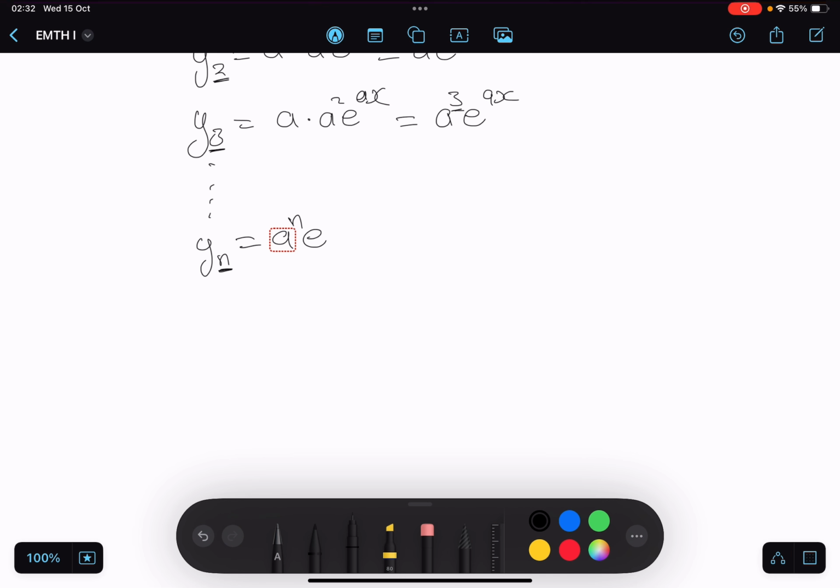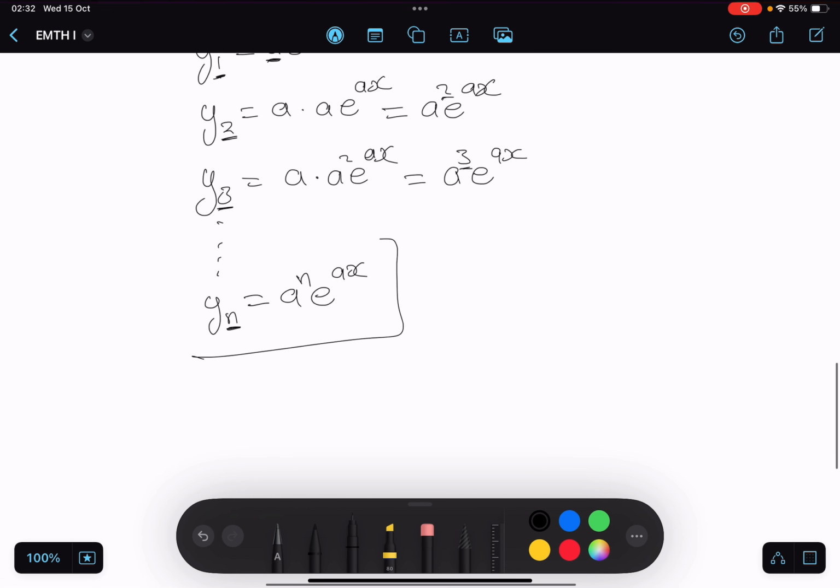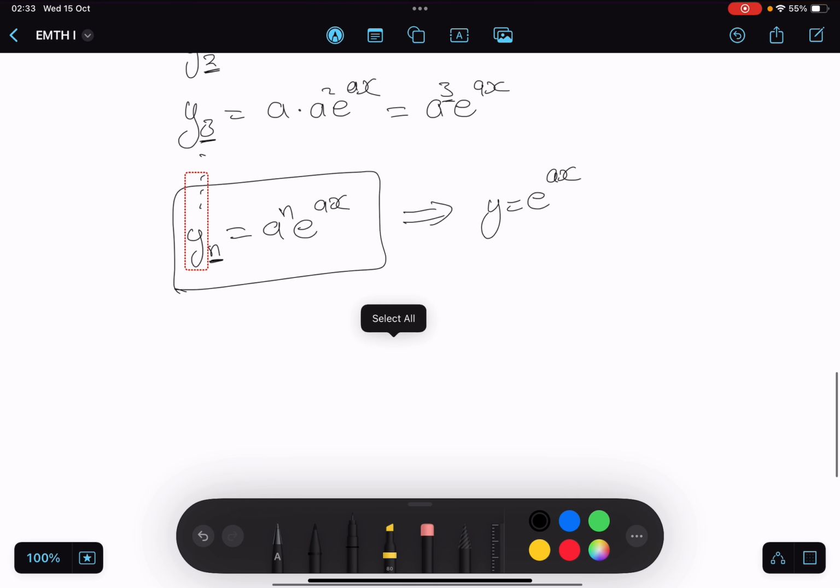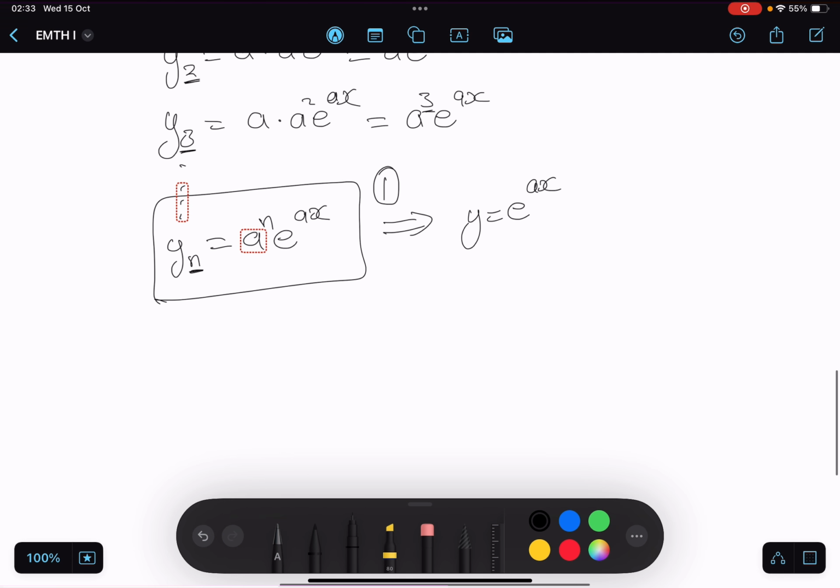So yⁿ is equal to aⁿ e^(ax). So this is how you can find the nth derivative if you're given an exponential function of this form. This is very important. This is one of the formulas that you are going to use.